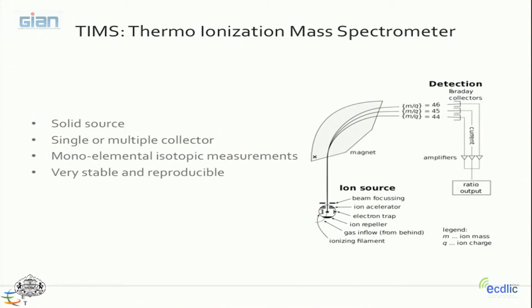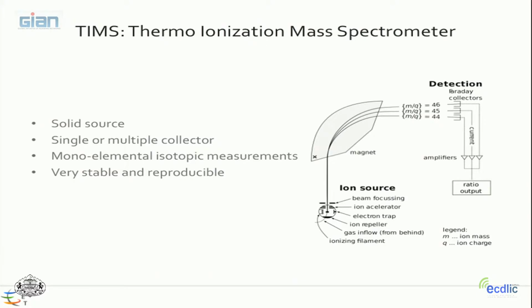Then you can measure simultaneously the ratio between the intensity in this collector and the intensity in this one. Much, much more precise in terms of measurement, because you don't have time between the first measurement and the second measurement. This is why we can reach this kind of precision on this machine.